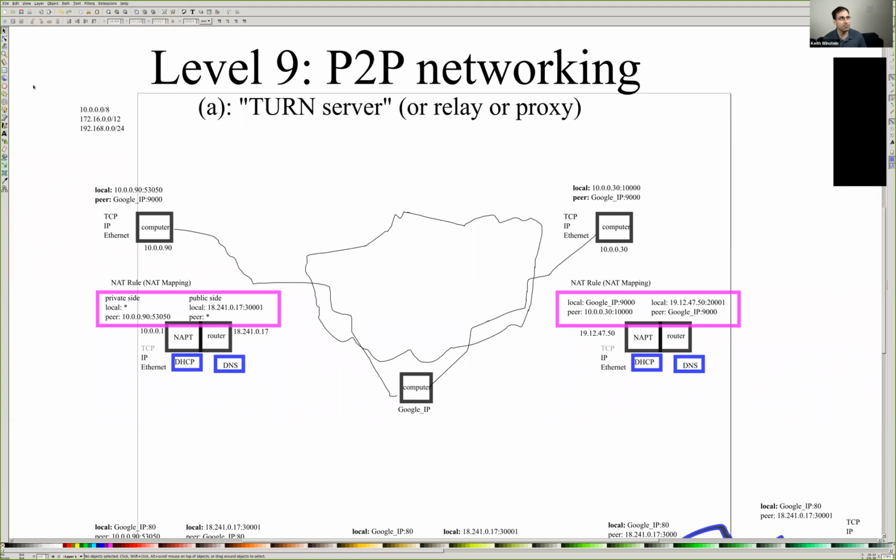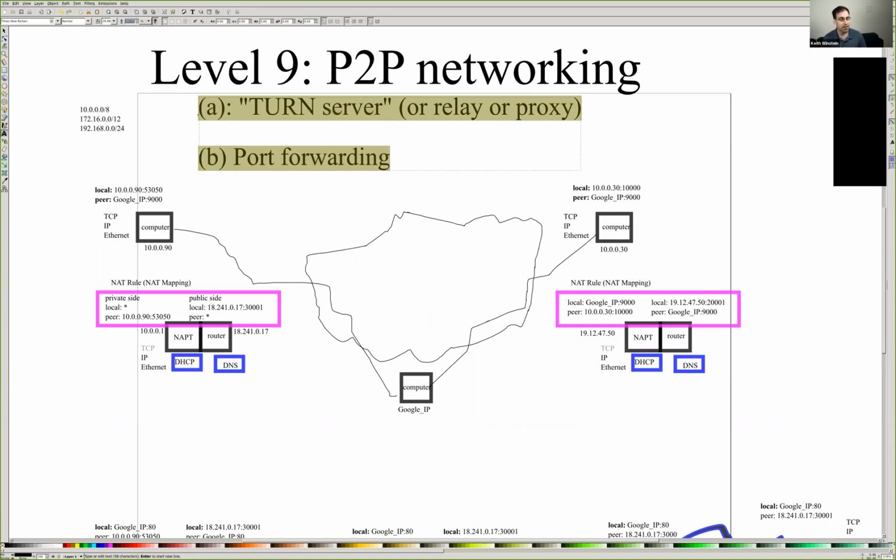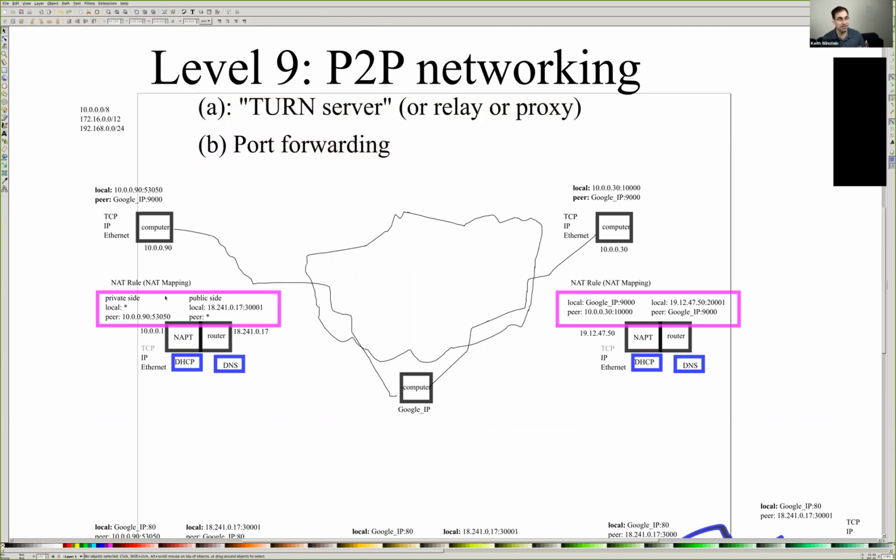So let's do option B here. Option B is what we call port forwarding, where you log into the website of your NAT and you explicitly say, I want anything coming in on the public interface on TCP port 30,001, this is TCP specific, to be converted to going to my computer's IP address, 10.0.0.90, port 53050.